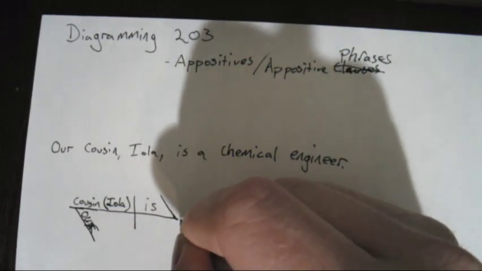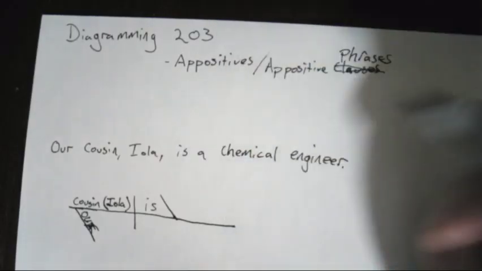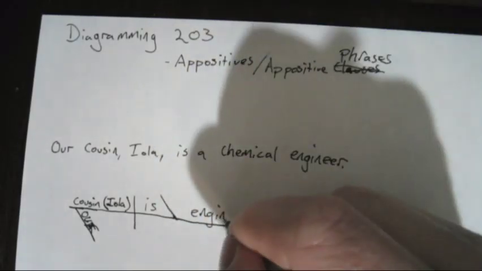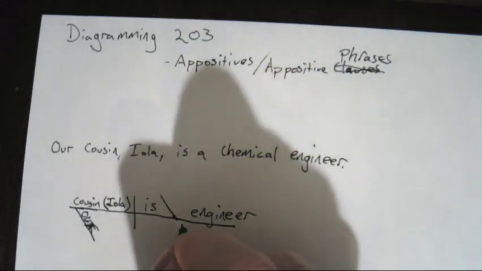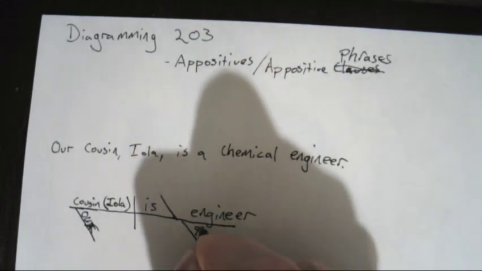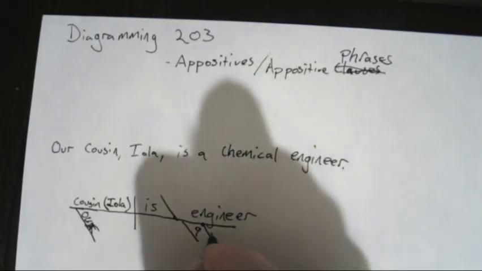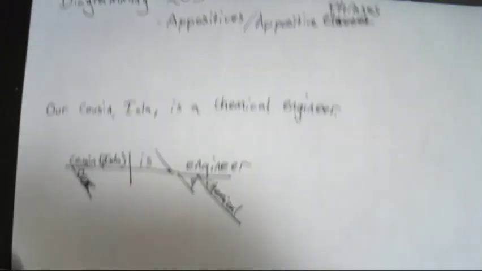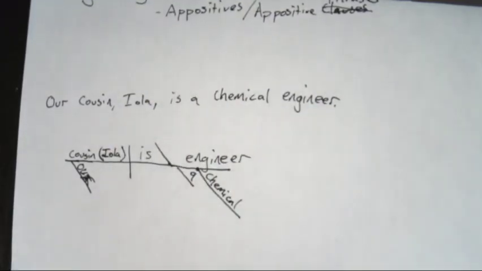Now we've got the subject complement. Is what? An engineer, and then A is modifying engineer, and so is chemical.